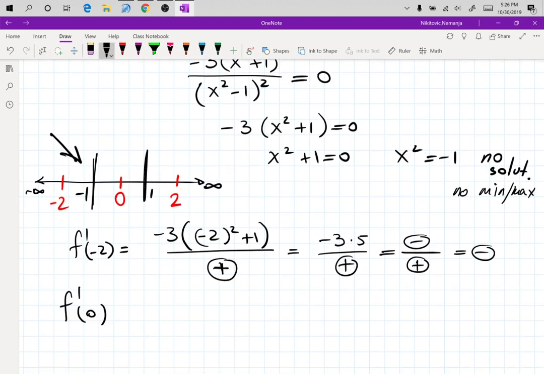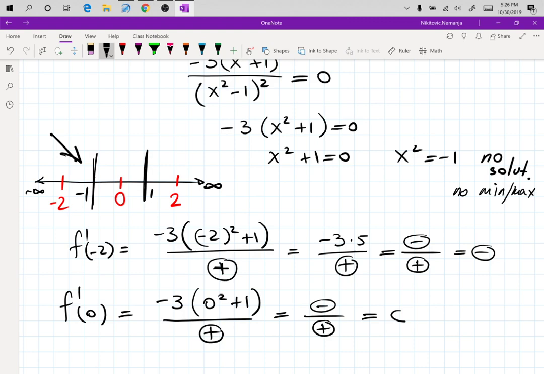The first derivative at 0 is going to be negative 3 times 0 squared plus 1, divided by a positive number. This is also going to be negative divided by a positive, so we are getting another negative value. It's another decrease.